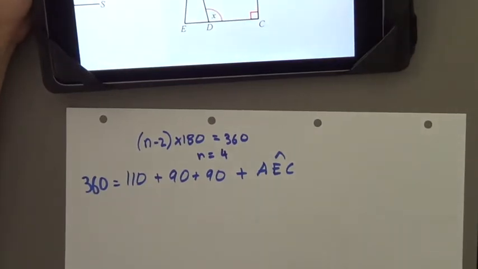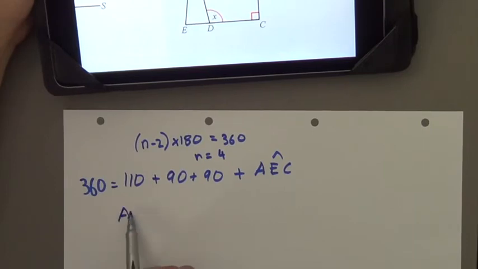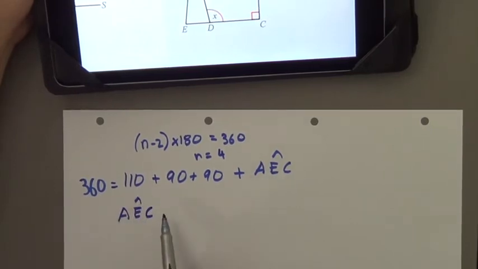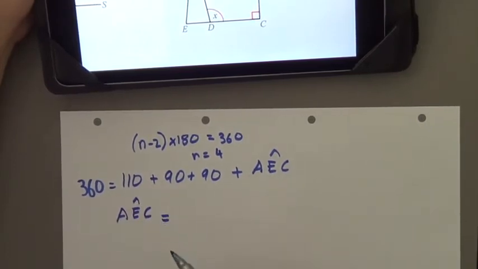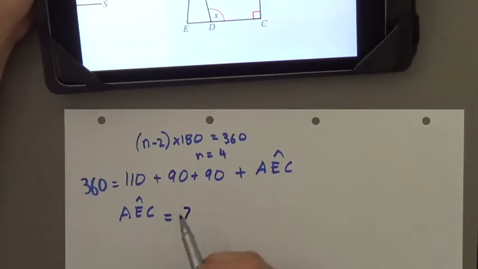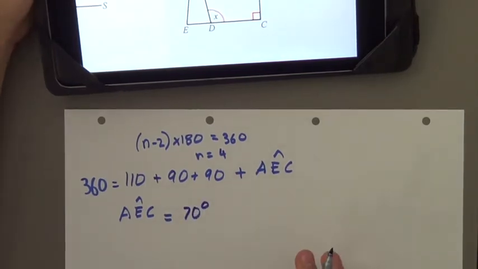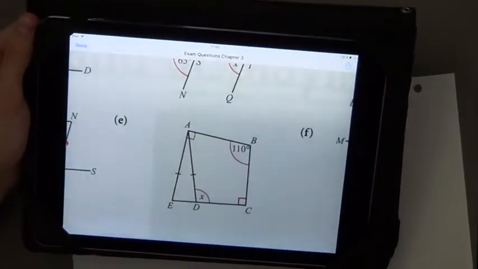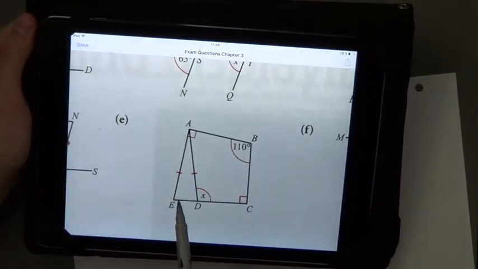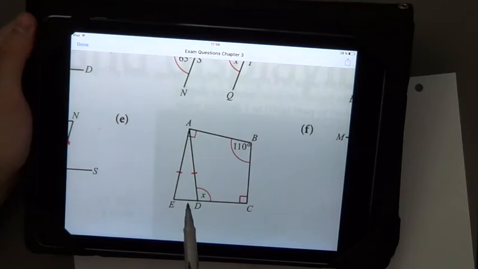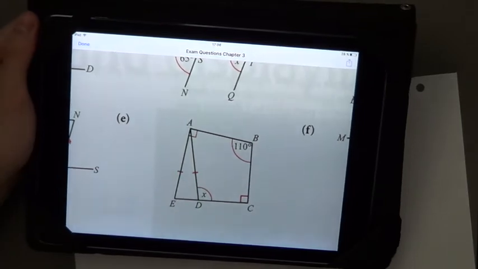So, what does that leave us with? AEC is therefore going to be, I have to do that on a calculator, 70 degrees. Now, if we look back to our question, we now know that this is 70 degrees. This is an isosceles triangle, so that means this angle here also has to equal 70 degrees.